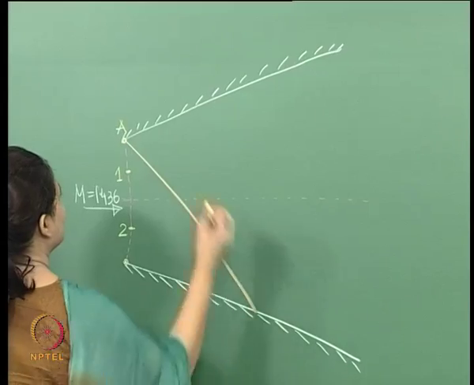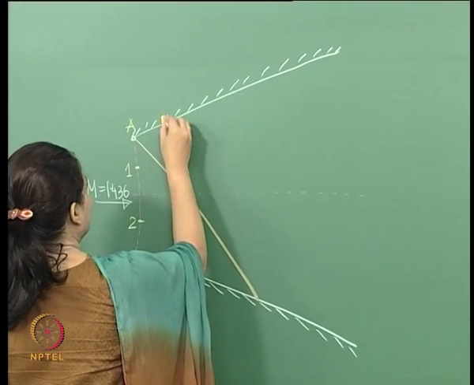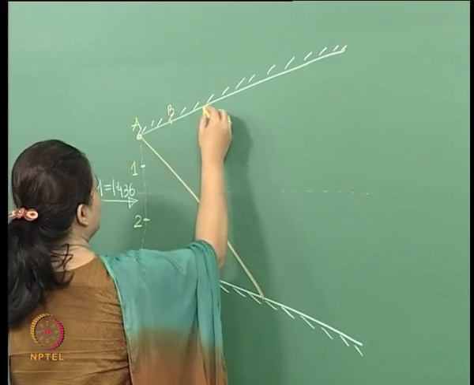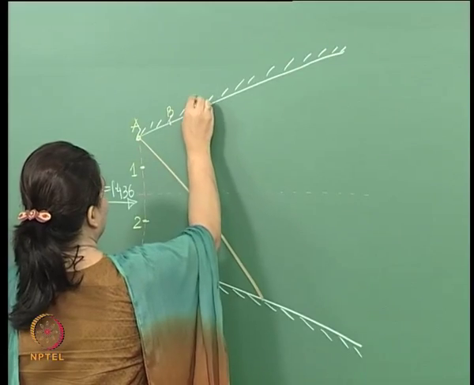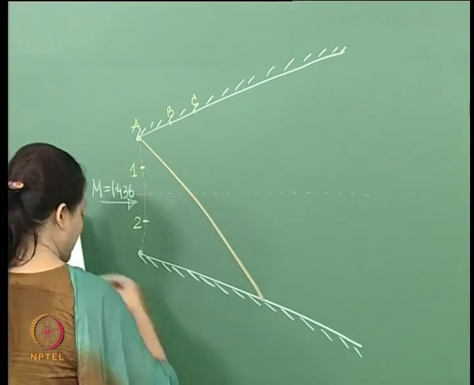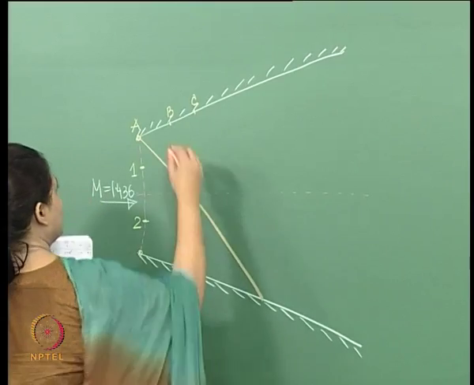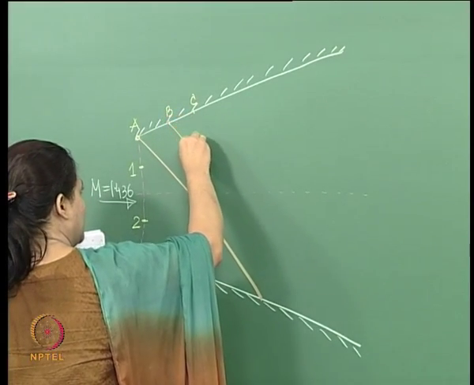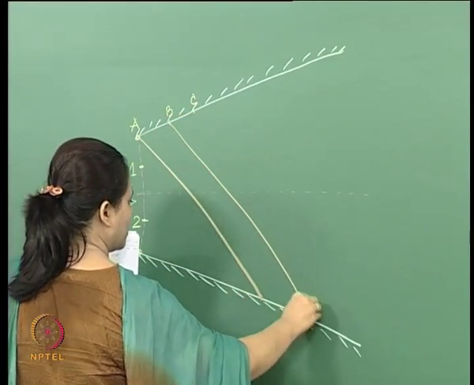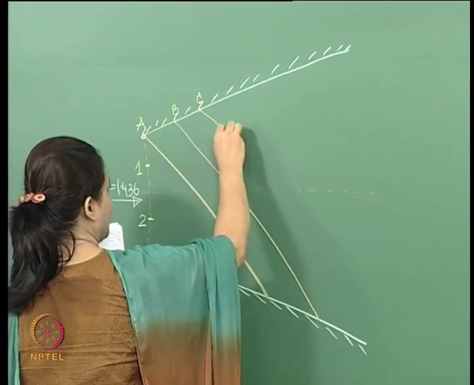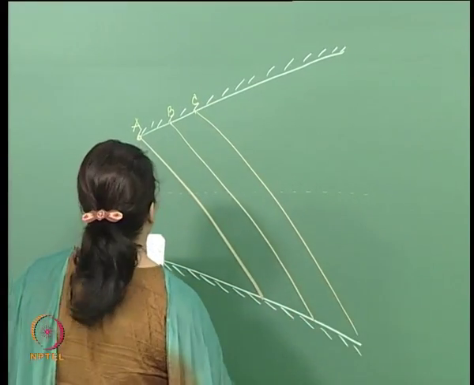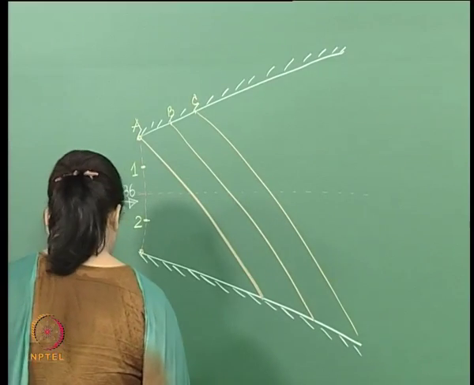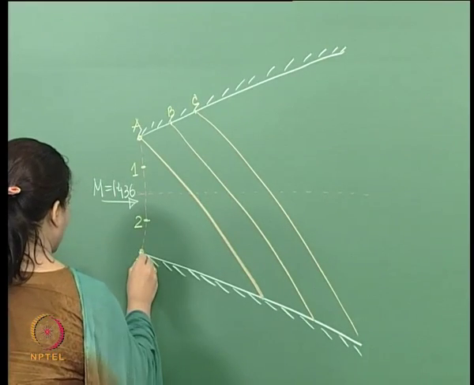Let us say we will take intervals like this, B and C, some length on that, and so on and so forth. Then we have a D over here.